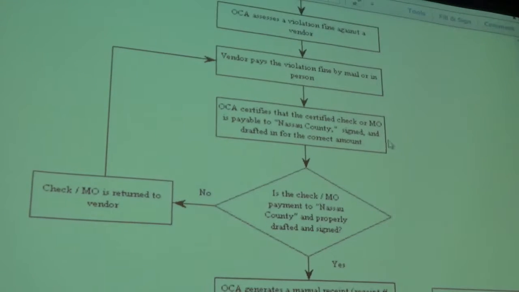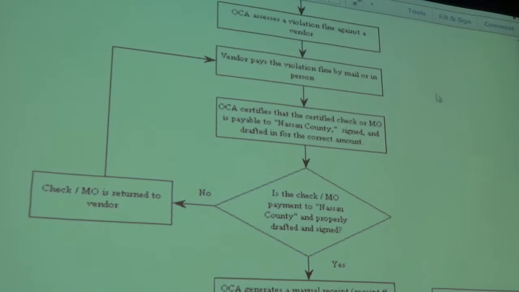There is a sub-process here that isn't identified. Once OCA collects it, did the vendor send it by mail or in person? Yes or no? Then the check or money order is certified, making sure it's paid in Nassau County. If it's not, it's returned to the vendor.